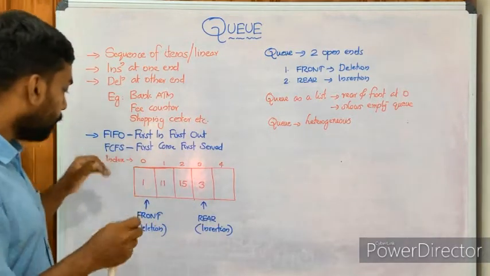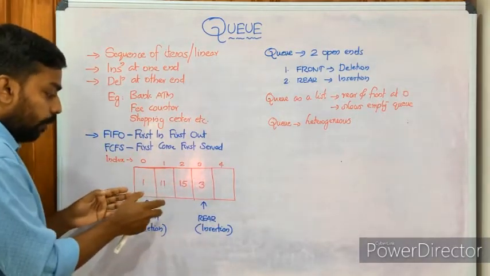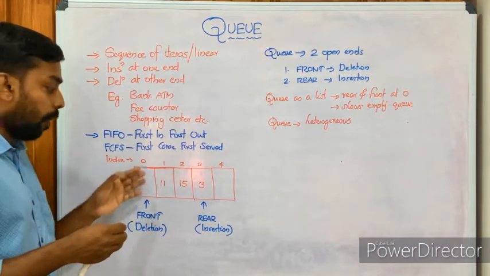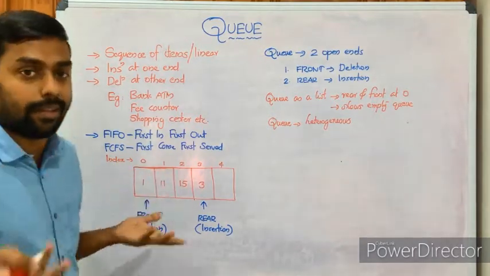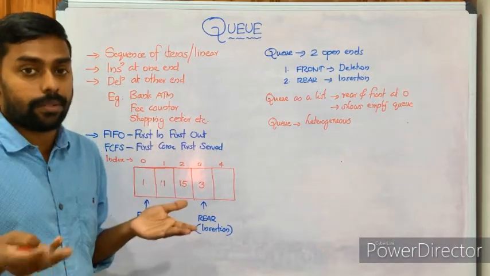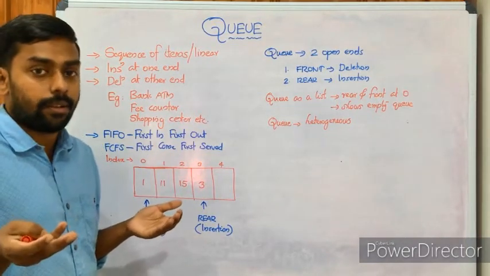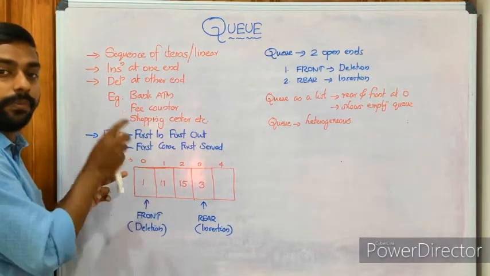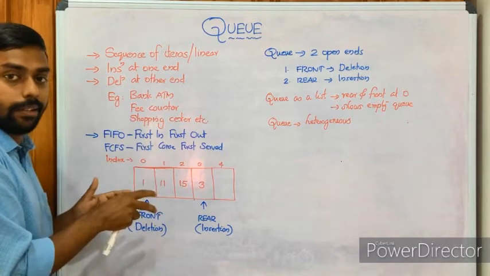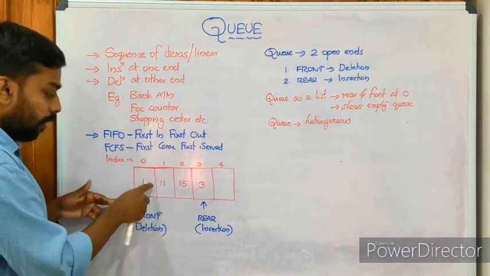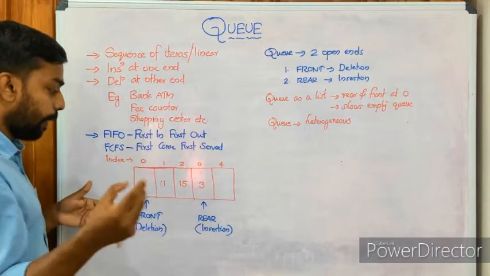And here is a queue with how many elements? 4 elements, right? We are implementing queue as a list. We know a list is a dynamic data structure which can contain heterogeneous elements, right? So here we have a list implemented as a queue with 4 elements. We have one more space here.